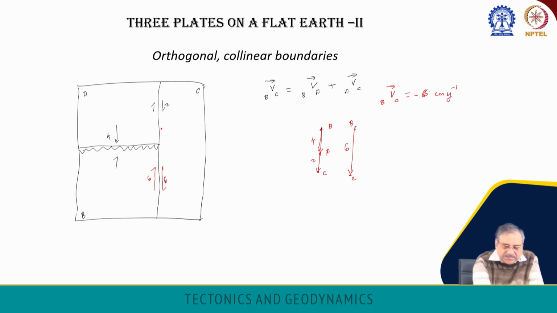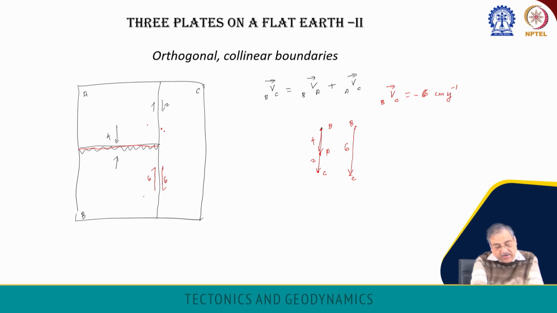So this now means that we have to understand how the boundary between plates A and B, this particular boundary, is moving to the observer. Now, to an observer on plate C, plate C is fixed. To them, a person on plate A would be moving northwards at 2 centimeters per year. To the same observer, a person who is on plate B, let us say anywhere on plate B, will appear to move northwards at the rate of 6 centimeters per year.